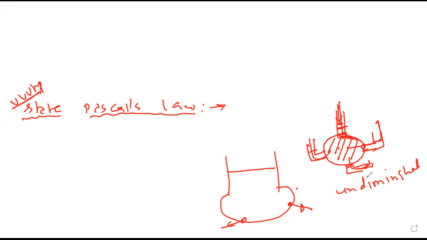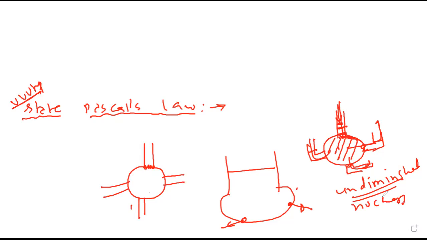Will it decrease, will it increase, or will it remain the same? According to Pascal, if pressure is applied at one point, it will be transmitted at all other points undiminished. Undiminished means no change in the pressure.